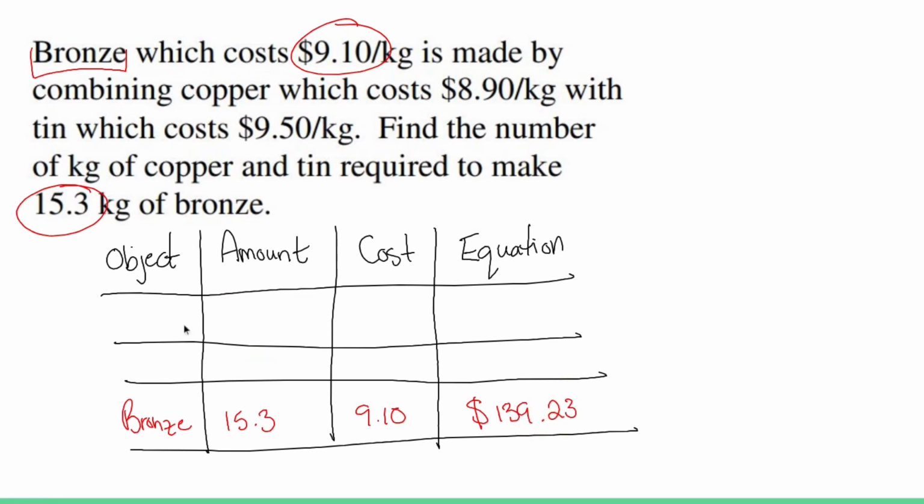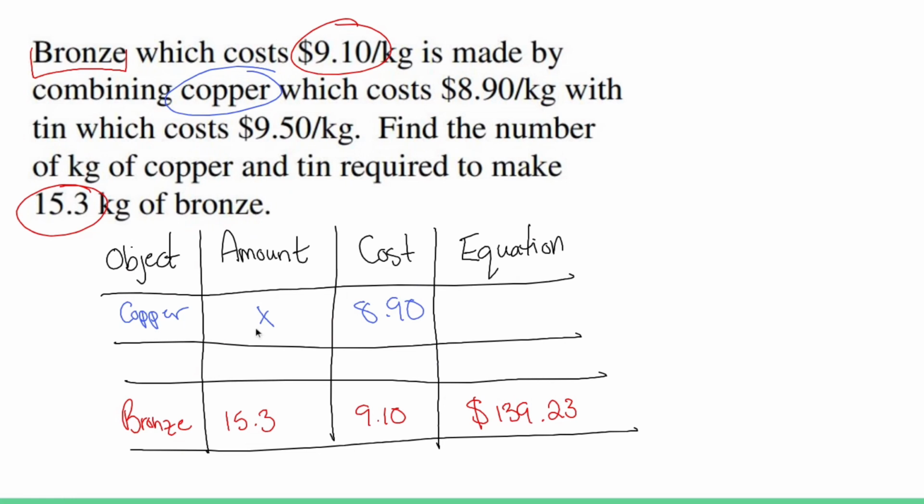Okay? Fun. Now, what else do we have? So that's object number one. I have copper. Copper costs $8.90 per kilogram. Do we know how much we have of this?